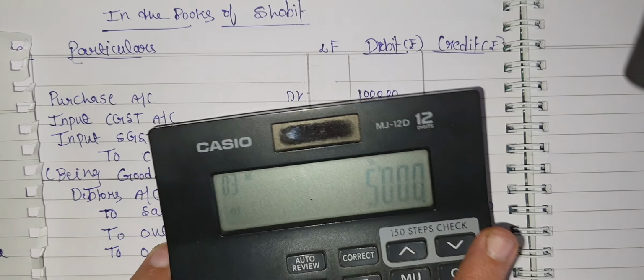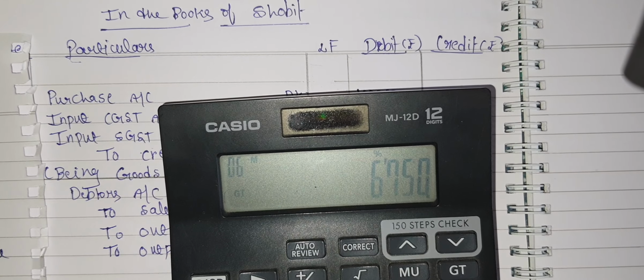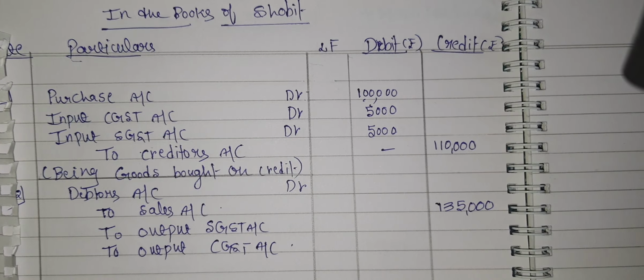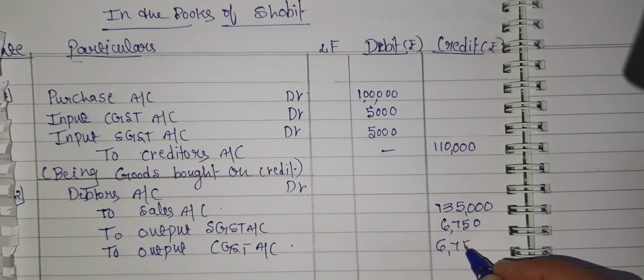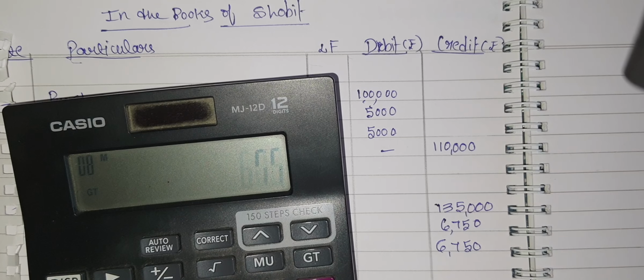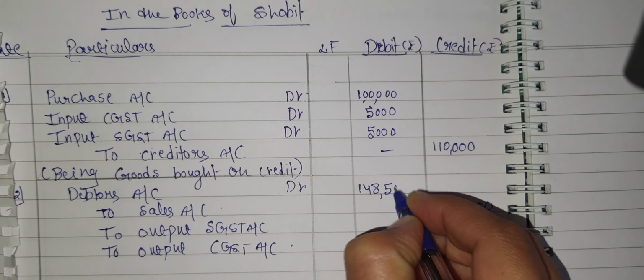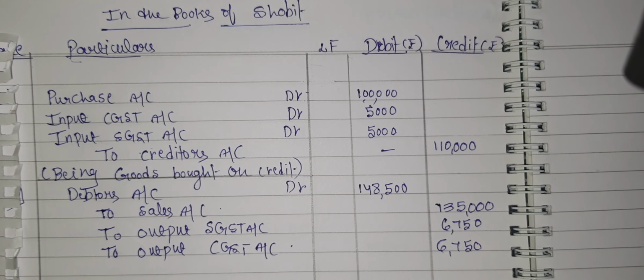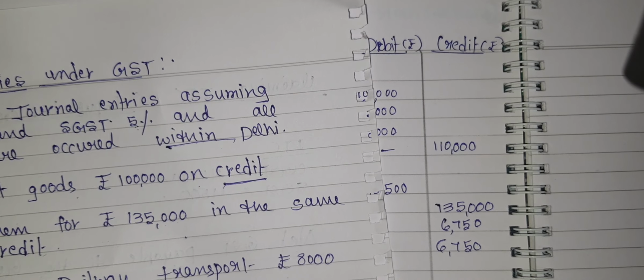Now the output SGST is 1,35,000 into 5%, that is rupees 6,750. Output CGST also 6,750. So total debtors account is 1,35,000 plus 6,750 plus 6,750, that is rupees 1,48,500. It means under sales, output SGST and output CGST will come.